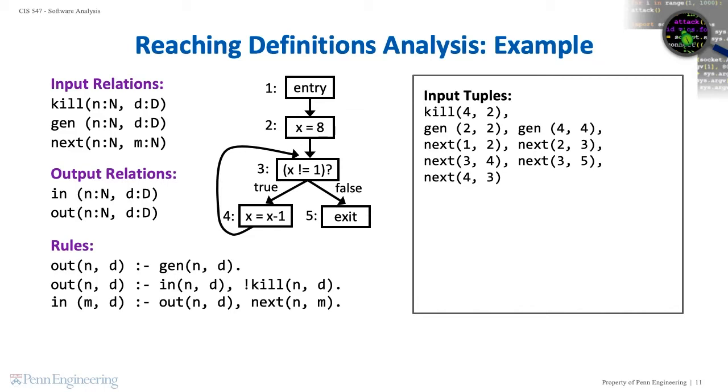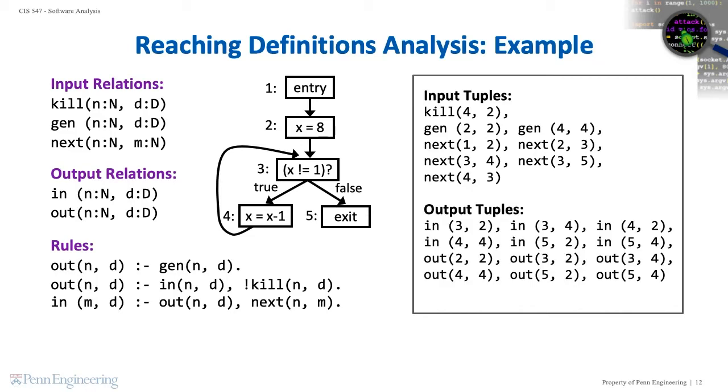Using the graph reachability analysis we described earlier, for example, we can compute that the only such tuple that is applicable for this procedure is (4, 2), capturing the fact that the definition associated with program point 2 is killed at program point 4.